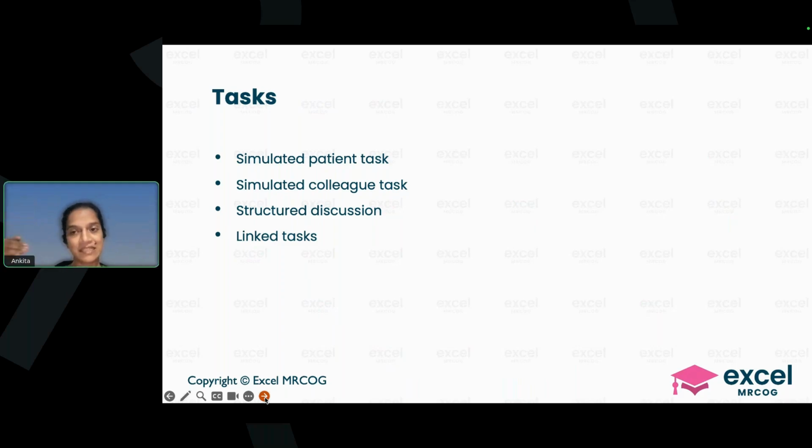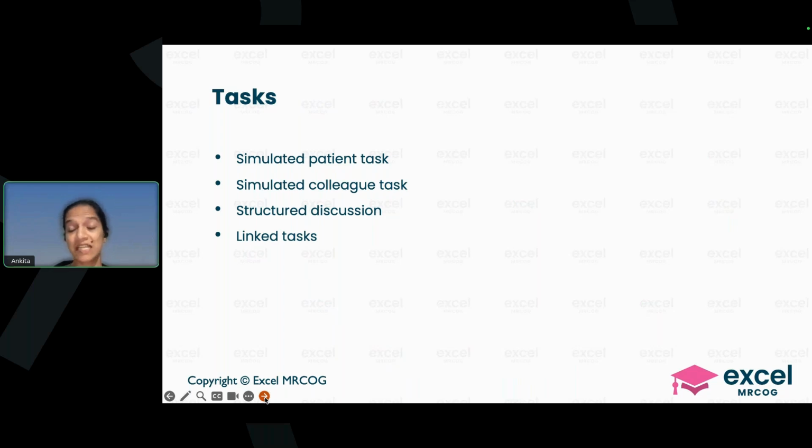So there will be a list of rooms that is mentioned there with the description. And it would be sometimes given to you as a structured discussion, wherein you need to go in and talk to the examiner what you're going to do in each of these rooms. Sometimes it may be a simulated colleague task, wherein it is mentioned to you that you are about to see the midwife.